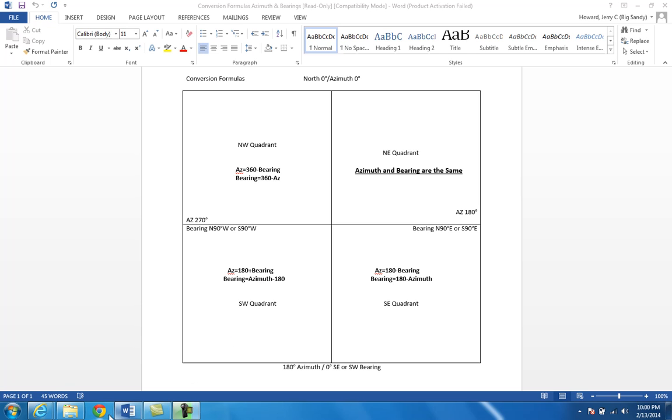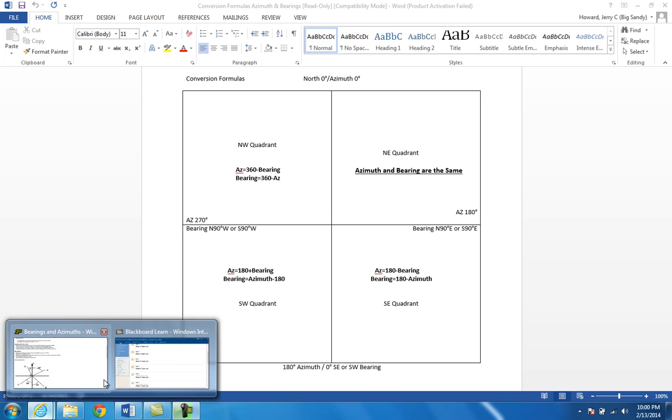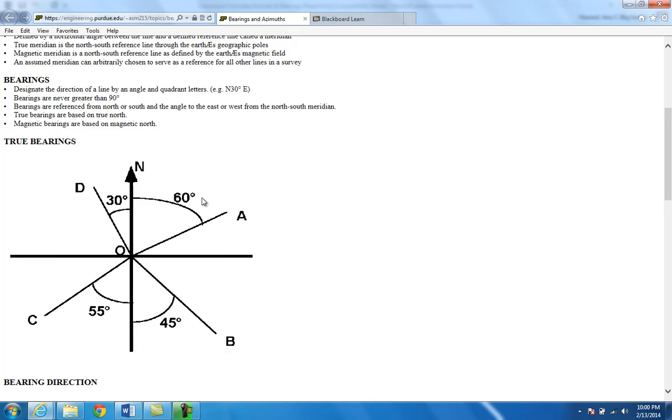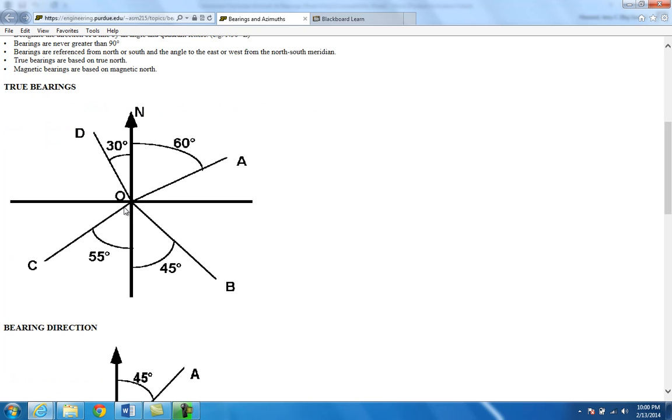Let me show you a little bit more of that. This right here is a website I've also got on Blackboard that you're going to go and access and look at. Let's start off. This is exactly what you were looking at on the document before. North's going up, then south, east, and west. And like we were talking about, 0 is always north, and we're going to come over.